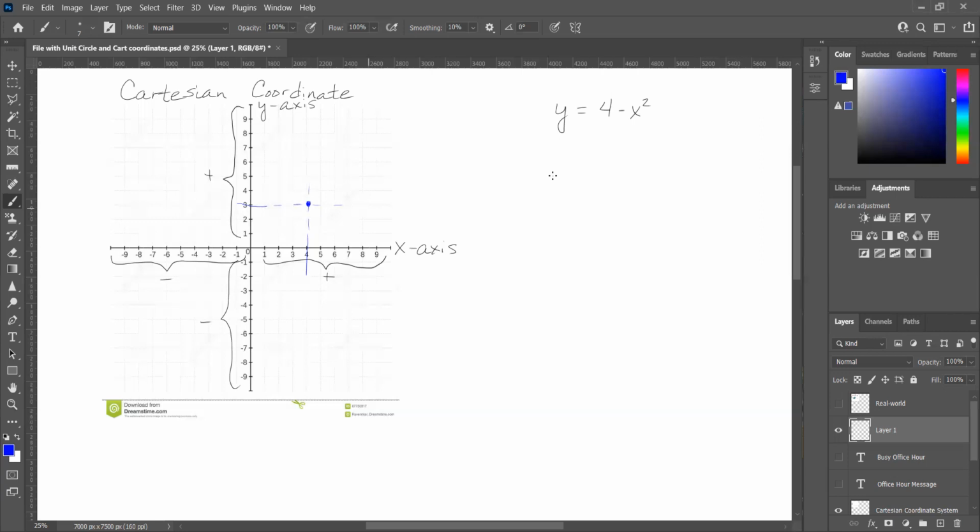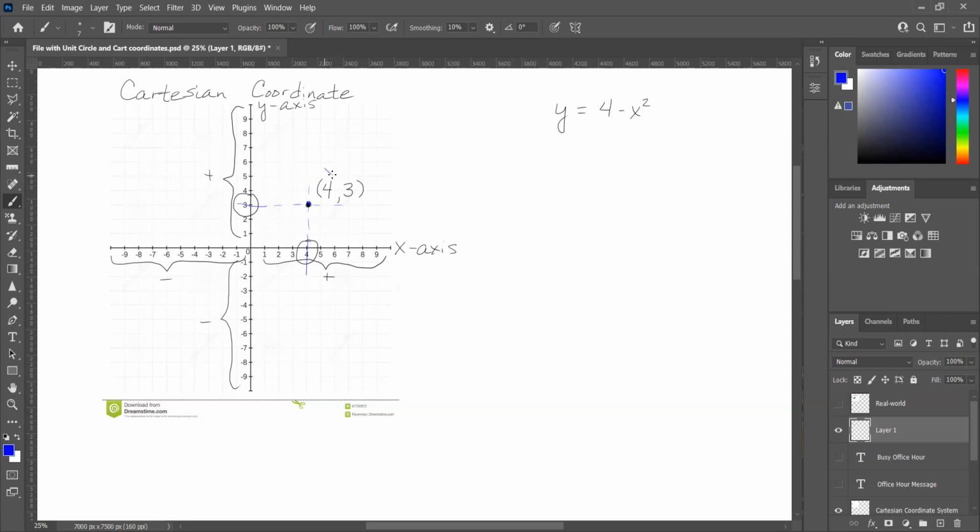Now, we need to all come to agreement about how we're going to label that particular point. Well, this one had 4 on the x-axis and 3 on the y-axis. And so what we've decided to do is put in parentheses those two values, and we'll put the x value first and we'll put the y value second. So this is the point 4, 3.